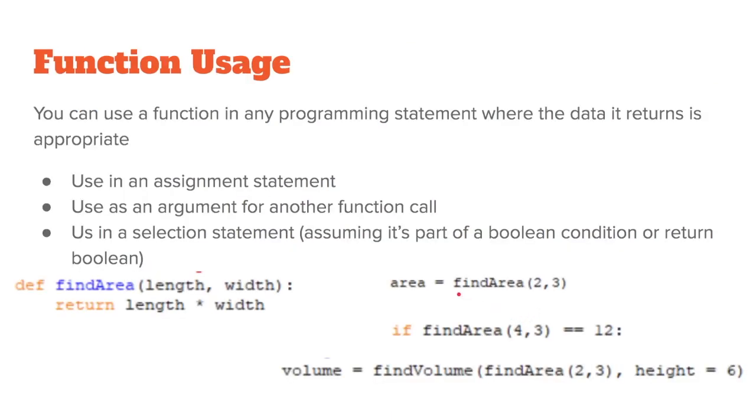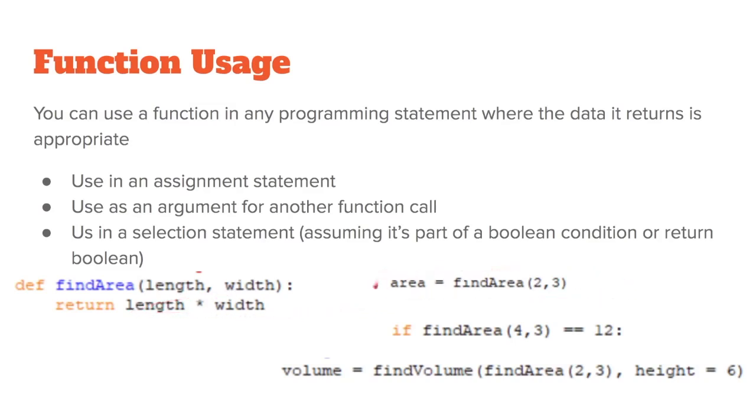Okay? So we talked about functions being very similar to modules. The biggest difference is not just in that return statement, the biggest difference is in its usage, to be perfectly honest with you. There are basically 3 ways for you to use a function when you're calling it. So here's a function that says find area. It takes in a length and a width, and returns the length times the width.